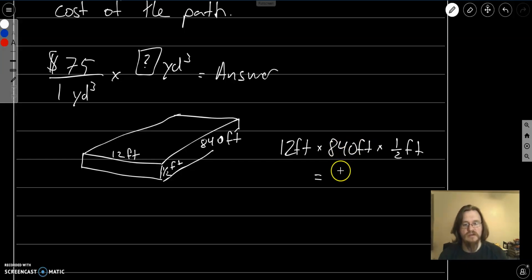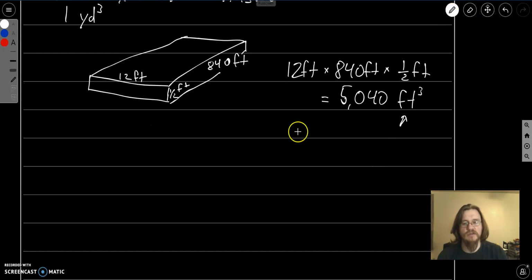So let's come back over here. This is going to be 5,040, and we're taking feet times feet times feet. So that's going to be cubic feet. But right away, we notice I don't want cubic feet, I want cubic yards. So I need to know how many cubic feet are there in a cubic yard. Well, this is something that we did on the last homework assignment.